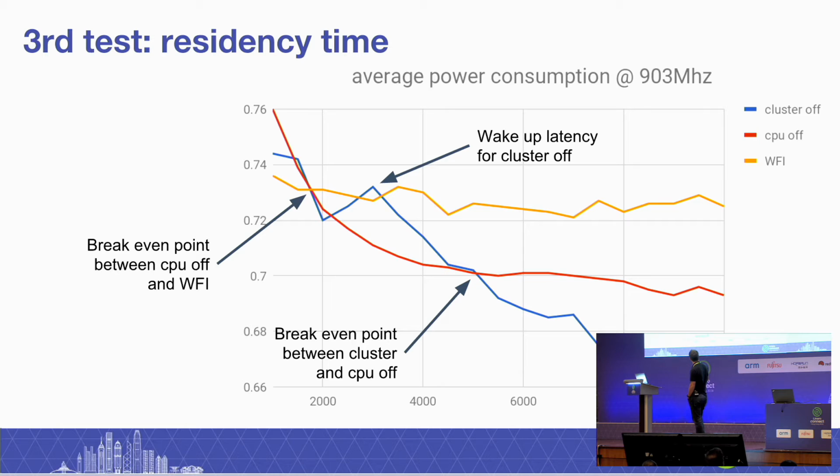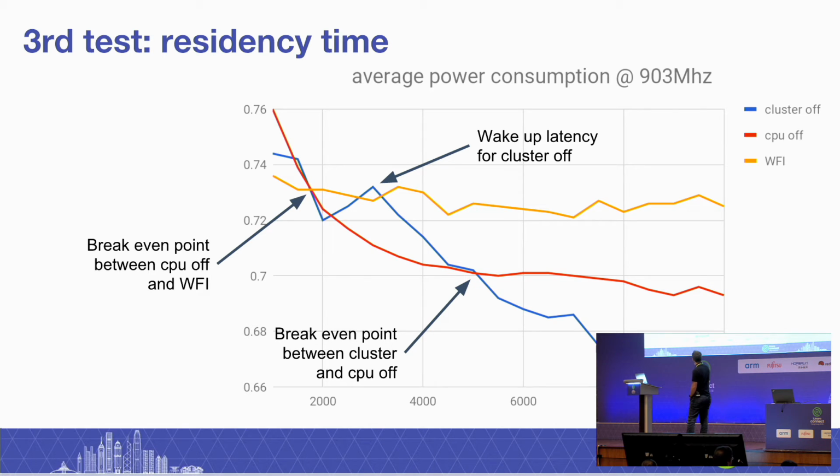So with this chart, we're able to see when it is better to use the CPU off instead of the cluster off. Because we can see that if we are waking up in less than 5 milliseconds, the CPU state will be more useful than the other one.